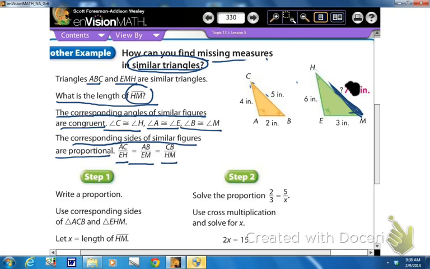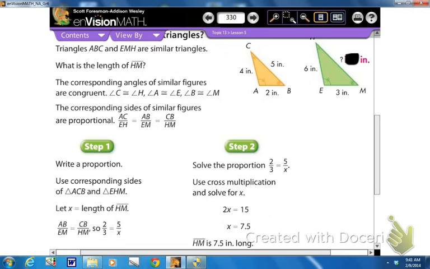First thing they want you to do is set up a proportion. Pause this first. Step 1, write a proportion. Use corresponding sides of triangle ACB and triangle EHM, and let X be the length of line segment HM up here that we don't know.